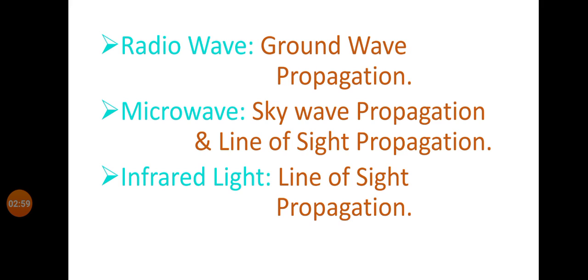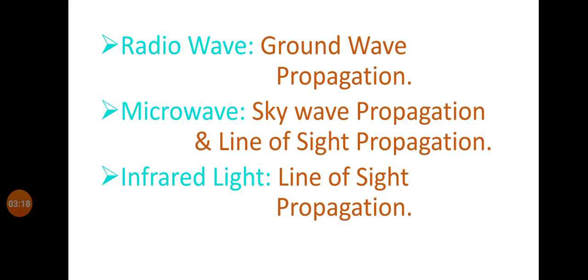So what is the example for radio wave? FM radios and television channels. There we use radio waves. Then what is the example for microwave? Example for microwave is wireless LAN.